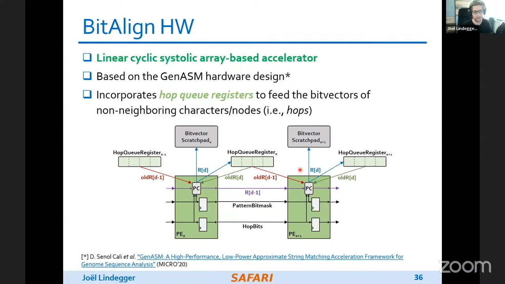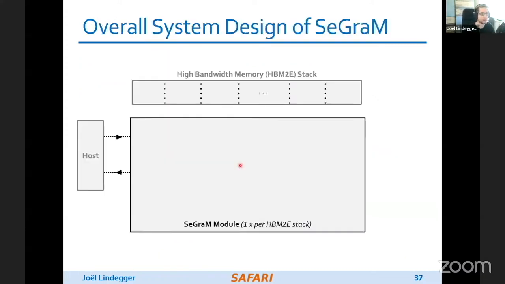So yeah, there are some challenges in terms of how many cycles you consider, and there's an accuracy performance trade-off, which we analyze in our paper in depth. But it turns out that something like 12 cycles is actually sufficient in practice to get good accuracy. Okay, so these hop queue registers are a key innovation over GNASM, and all of a sudden we can handle graph references.